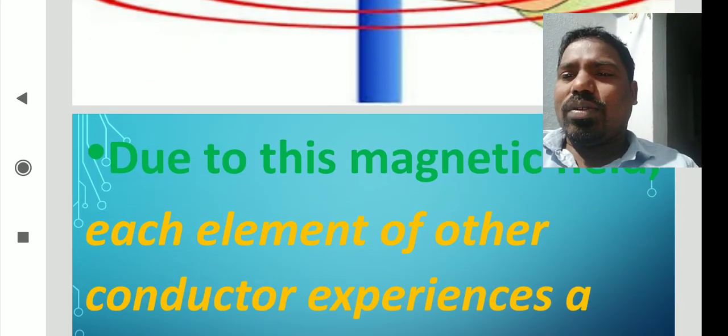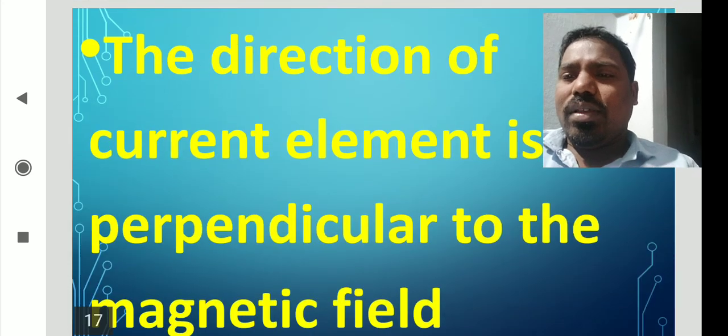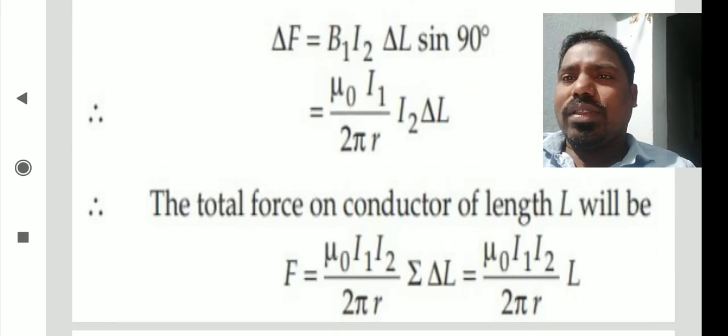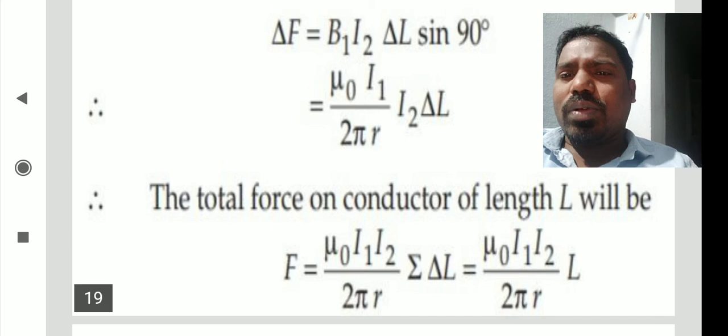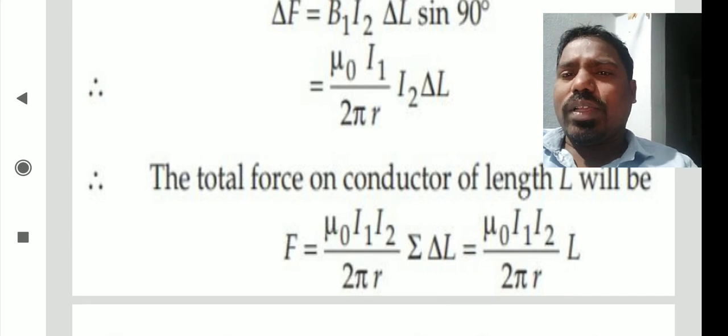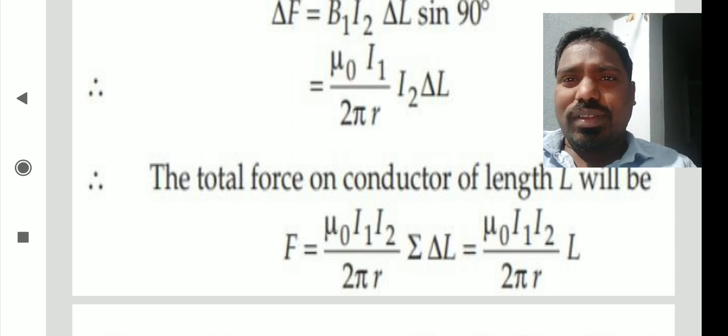Again you are considering the Maxwell concept. Then sin 90 is 1, and after simplifying you get mu naught I1 I2 by 2 pi r into L. This is the force between current carrying conductors.